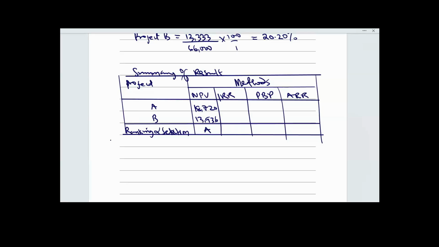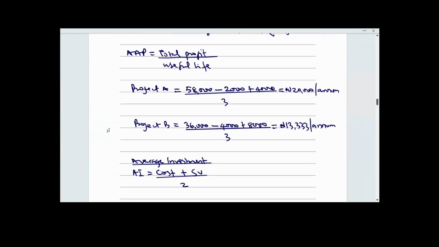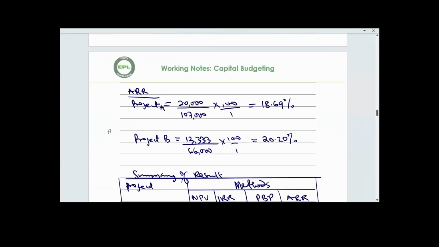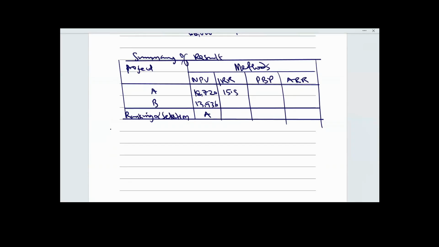Then, on the basis of internal rate of return, what's our internal rate of return for project A? We calculated 15.83%. 17.03% for B. So on the basis of internal rate of return, which of project A or B are we supposed to select?